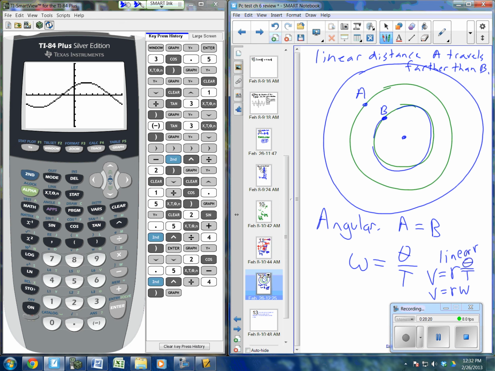They probably gave it to you on this problem as 2 pi, because 1 revolution is 2 pi. Yeah, 5.2 revolutions, and each revolution is 2 pi radians, so the total number of radians is going to be 10.4 pi radians.